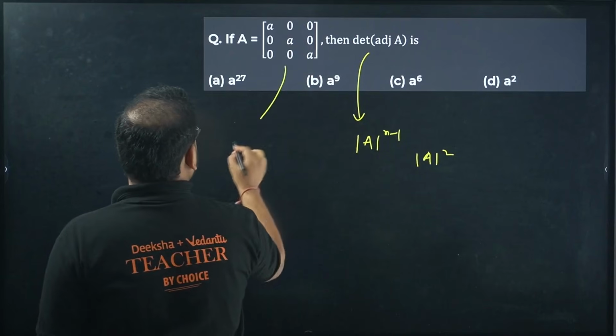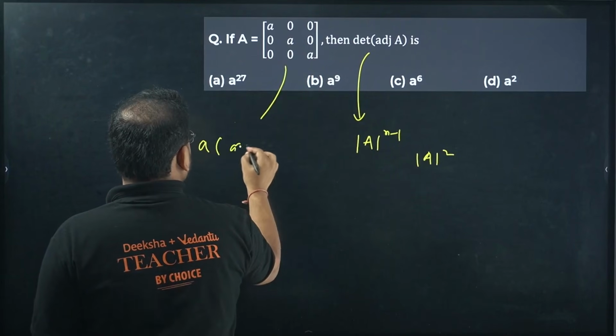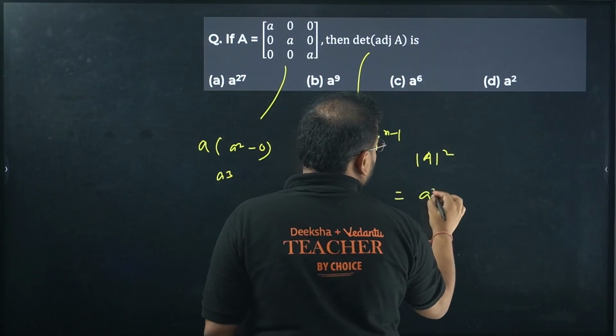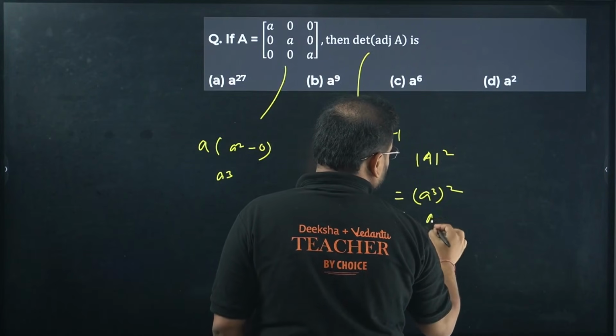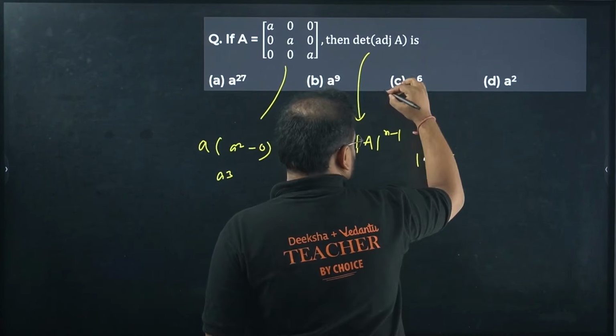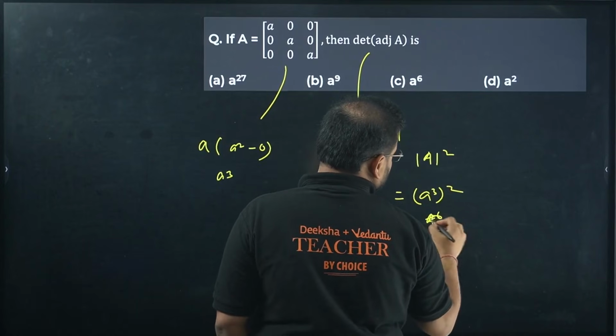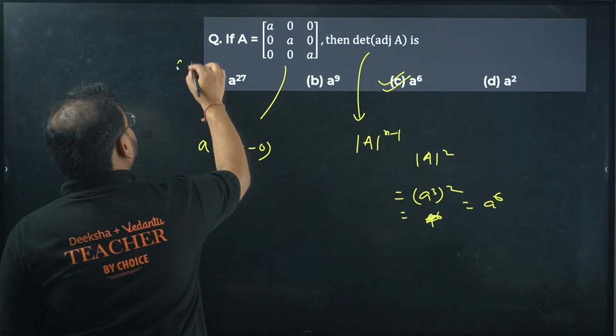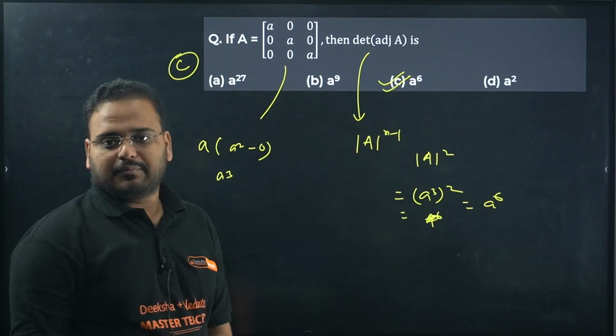Determinant of A is what? Check here: a square minus 0, value is a cube. Answer will be a cube squared, so a power 6. Sorry, small a power 6. So C. Got it? A simple question.